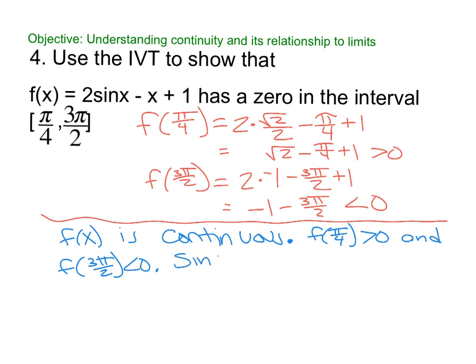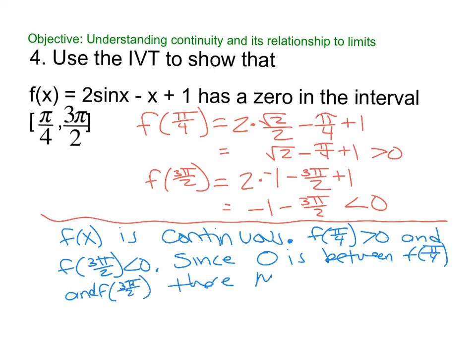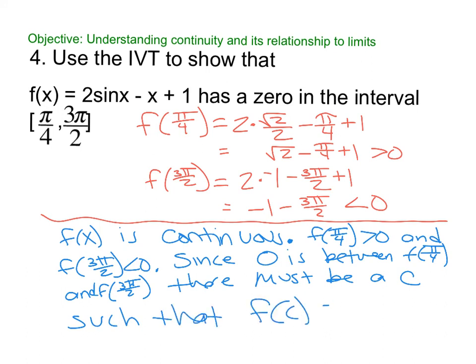Since 0 is between f of pi over 4 and f of 3 pi over 2, there must be a c such that f of c equals 0.